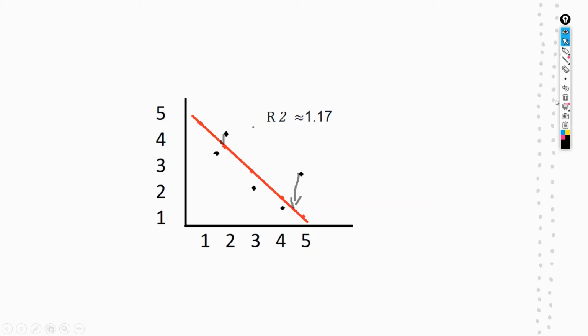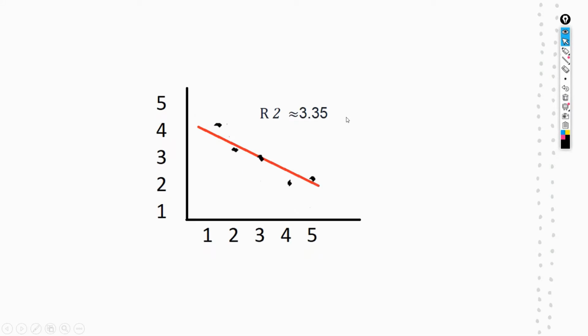Okay, we have decreased the error length, and if you increase the r square values, we can easily fit the best fit line and we can reduce this type of errors. In this case I have r square approximately 3.35.